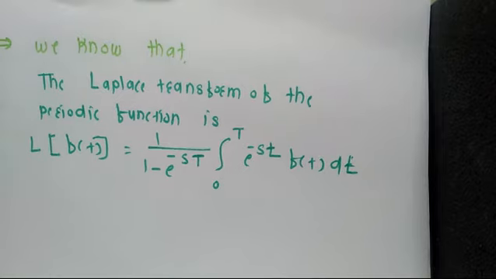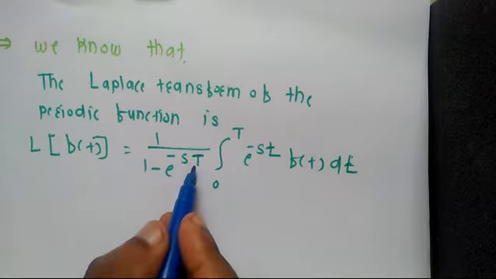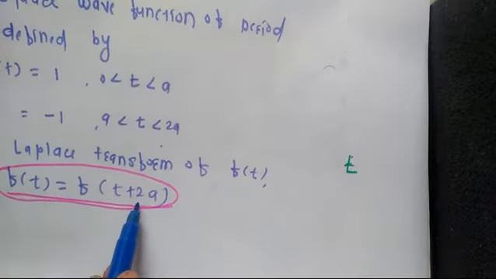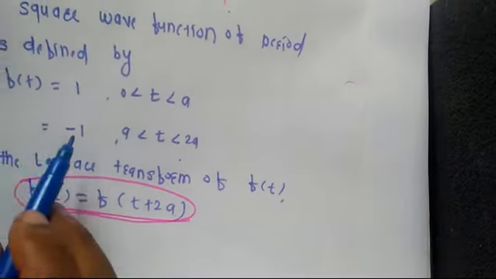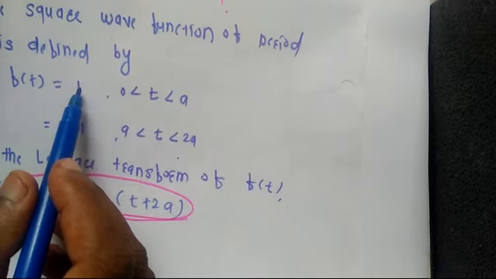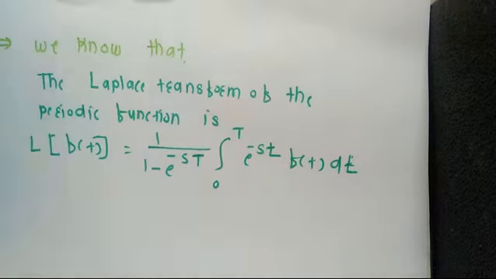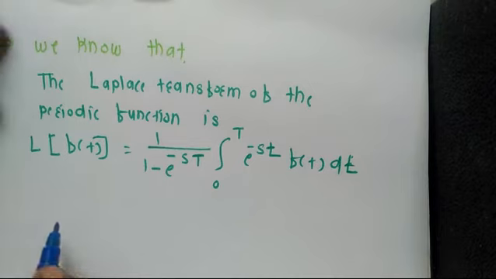Given that capital T means the time period, and this is 2a, and the function has two values: one is 1 and the other is minus 1.